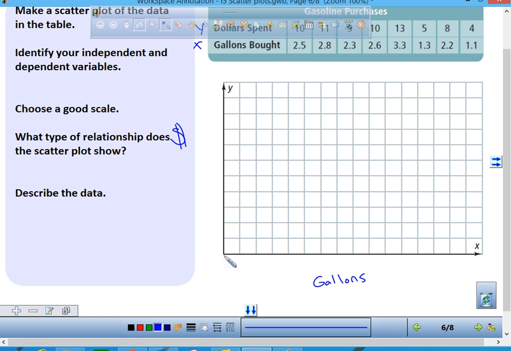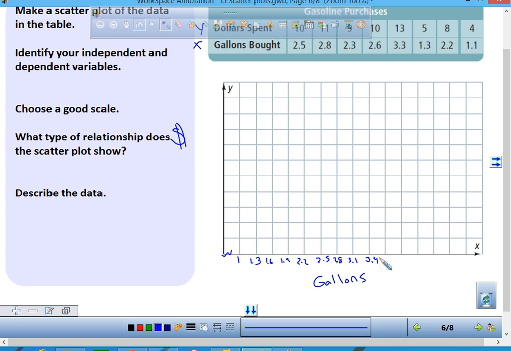Okay, and I'm going to do something that little squiggly there means skip a few. I know that. Okay? And I'm going to start at 1. And then I'm going to go 1.3, 1.6, 1.9, 2.2, 2.5, 2.8, 3.1, 3.4.